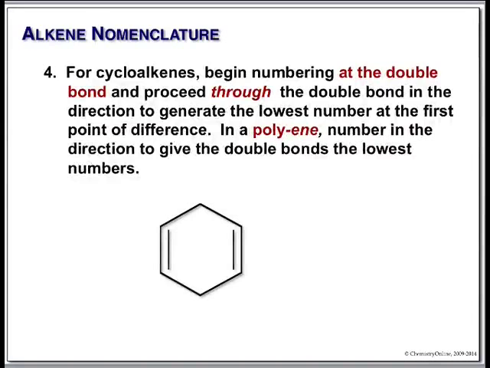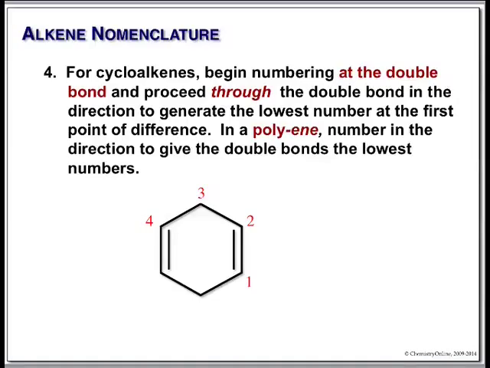Now with this one it doesn't matter, but if we define this as carbon 1, then this must be carbon 2. Now with this particular compound, we have a 6-membered ring, and it's cyclic, so it's a cyclohex, isn't it?